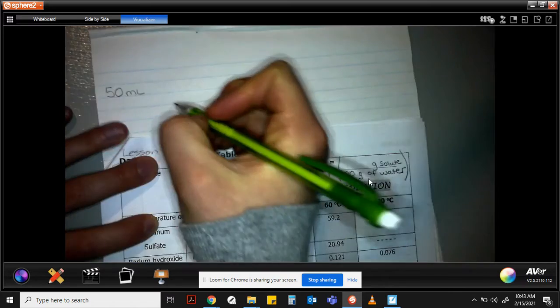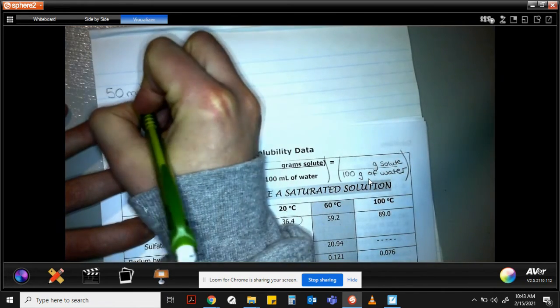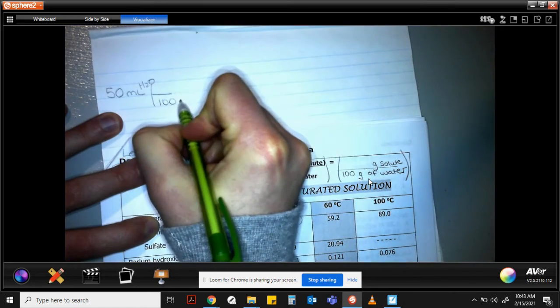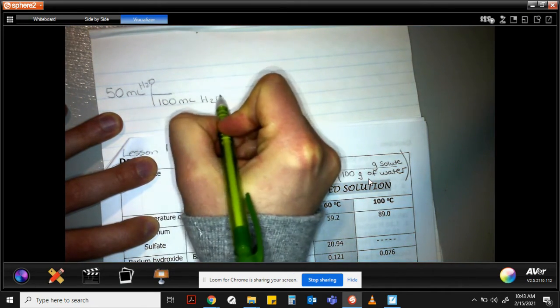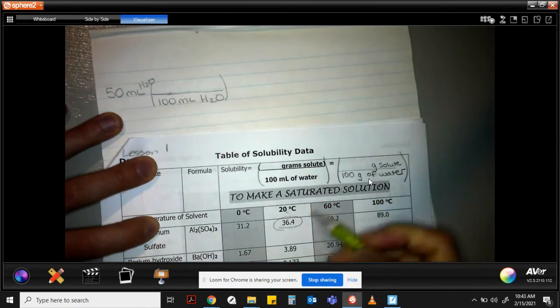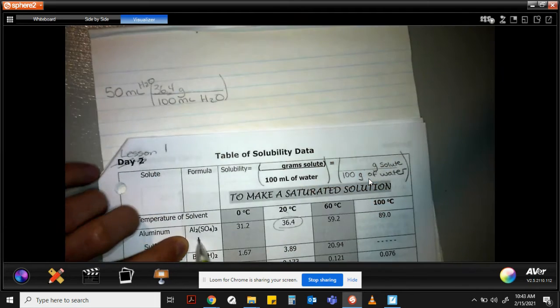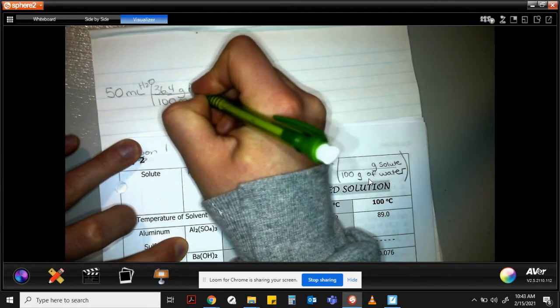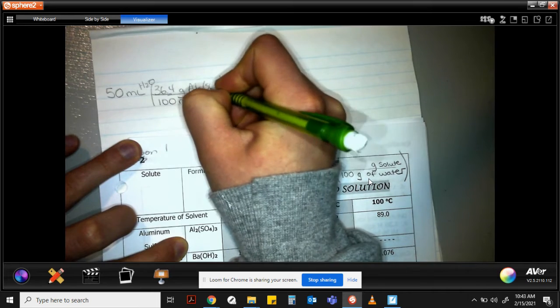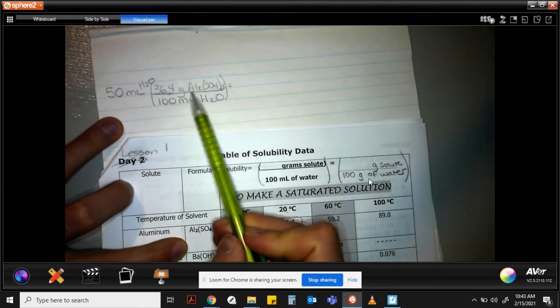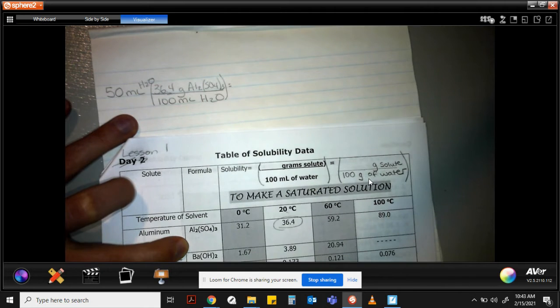There are two ways that we can do this. This is milliliters of water. So we know that in 100 milliliters of water, we can fit in 36.4 grams of our aluminum sulfate, Al2SO4 3.